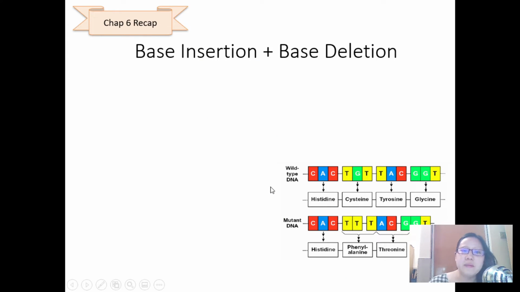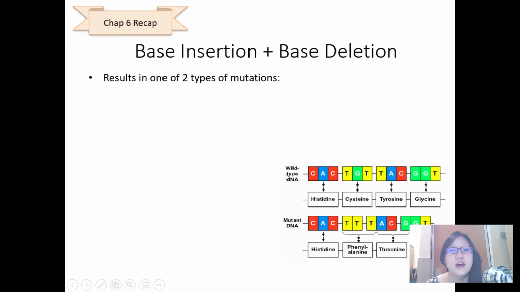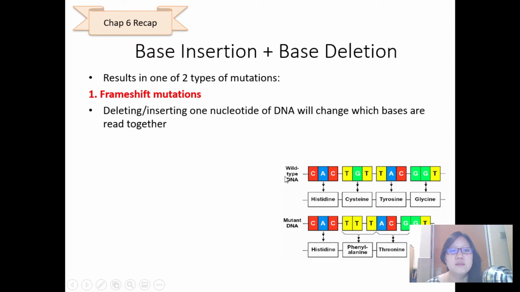Alright, how about base insertion and deletion? Insertion and deletion I put together because they have a very similar effect. And the idea is, number one, it will cause a frame shift. No, wait. It will definitely cause a frame shift. Deleting or inserting one nucleotide of DNA will change which bases are read together. So it pushes it back or brings it forward, and either way, that's not a good idea.